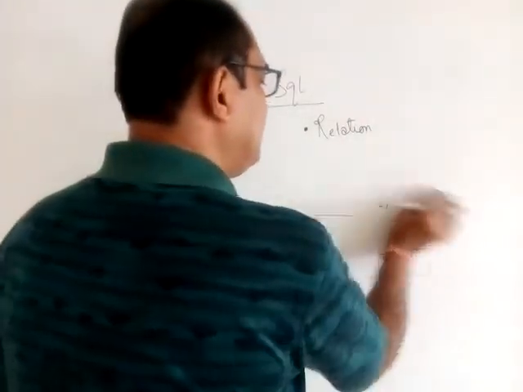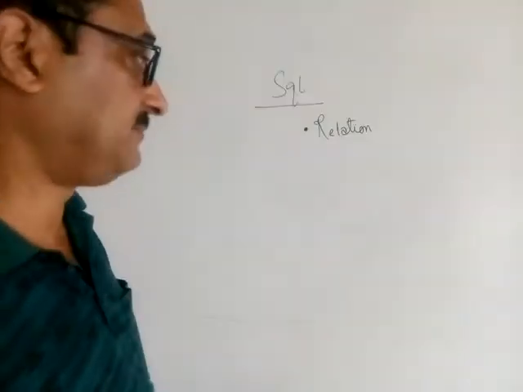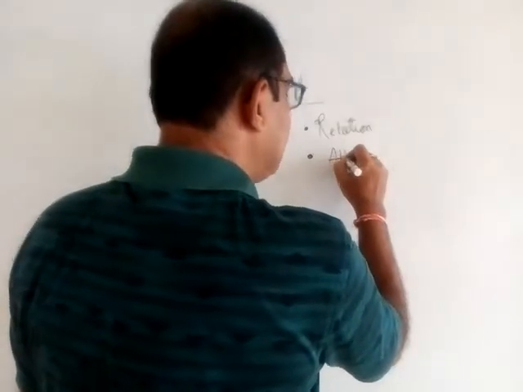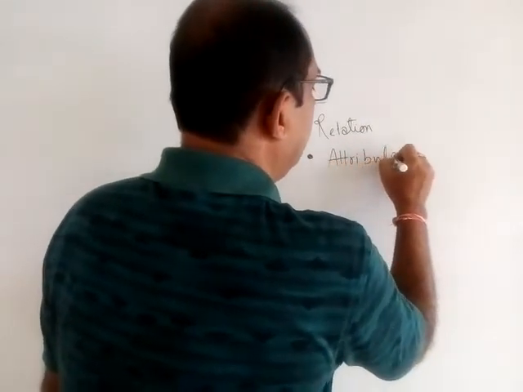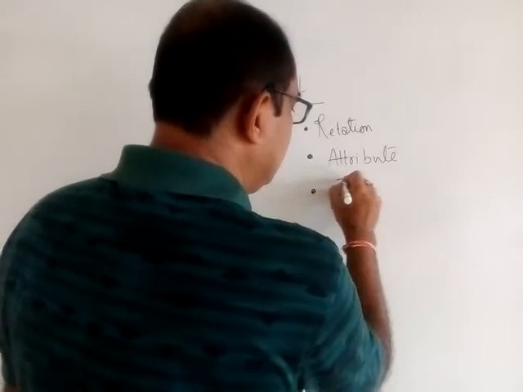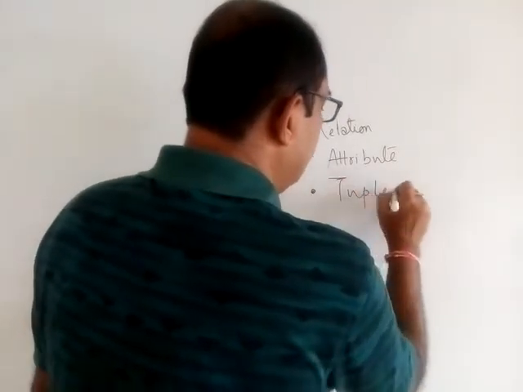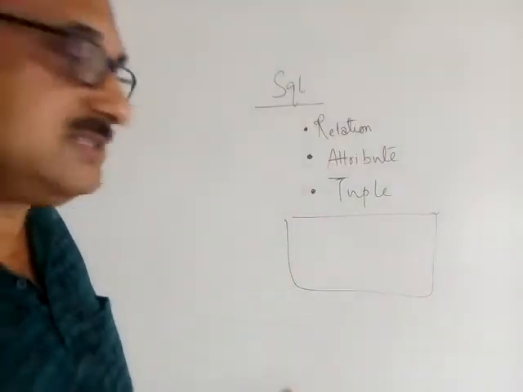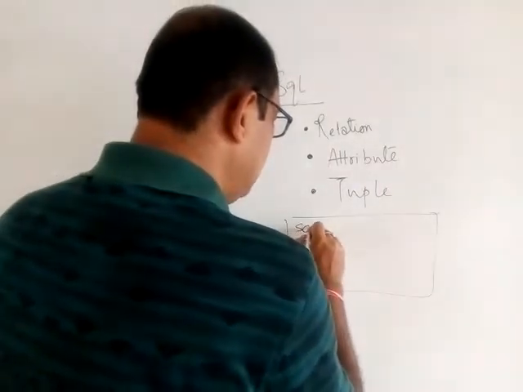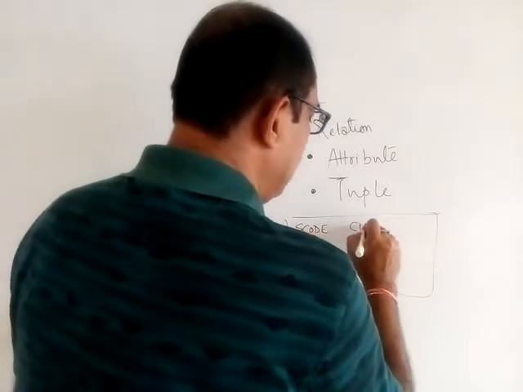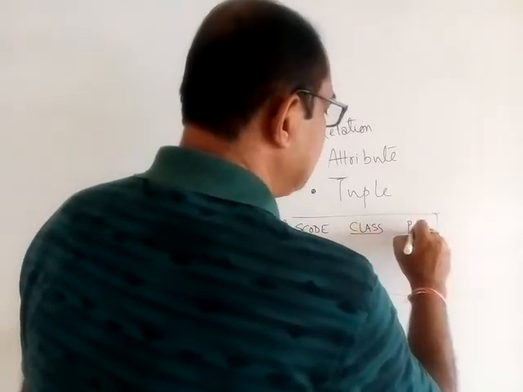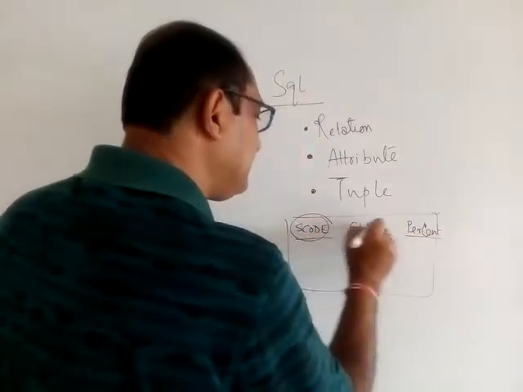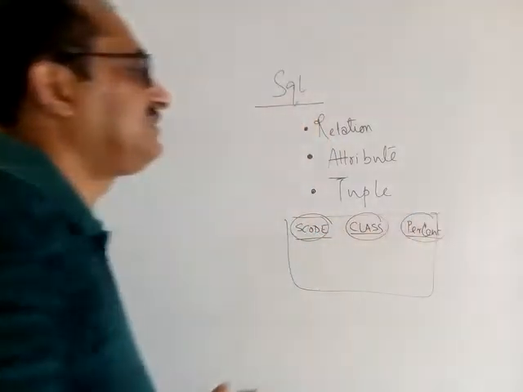Second term which we will discuss is attribute. What is attribute? Attribute and tuple. Just now I was doing a small table. So attribute means basically the fields. If I write S4, and I write class, and I write percentage, then this particular table will have 3 attributes.